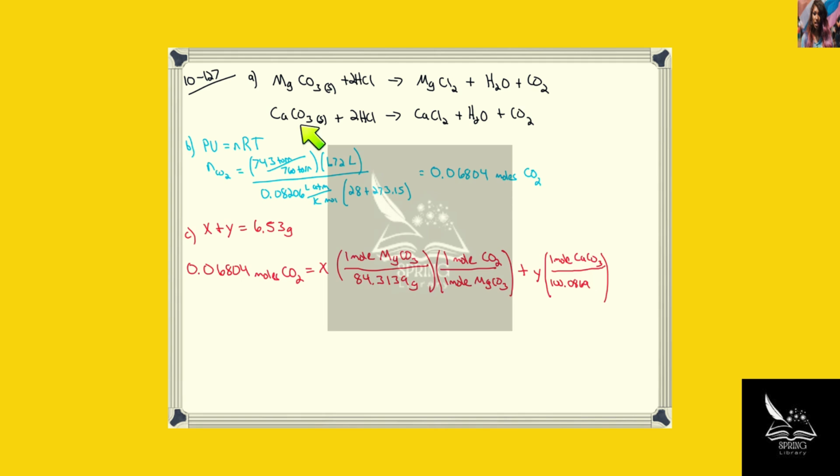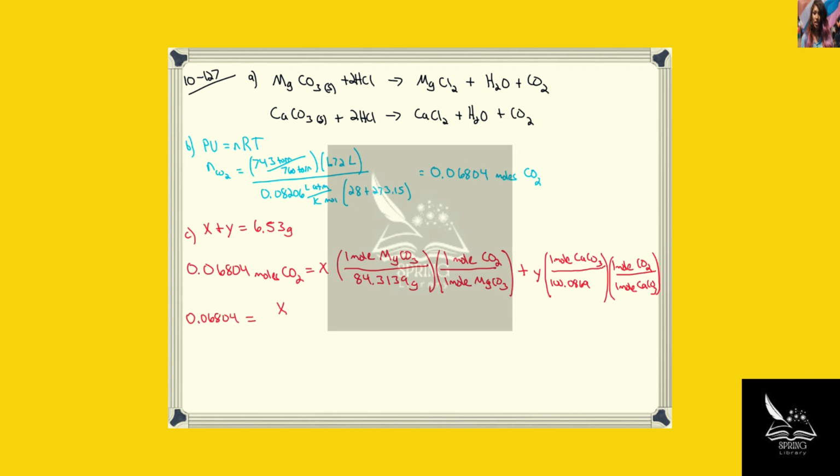We would then look at its stoichiometry and see that it is also 1 to 1. 1 mole of calcium carbonate produces 1 mole of carbon dioxide. So this summed total of carbon dioxide coming from magnesium carbonate and calcium carbonate would equal the total moles of carbon dioxide created. Now we have two equations and two unknowns.